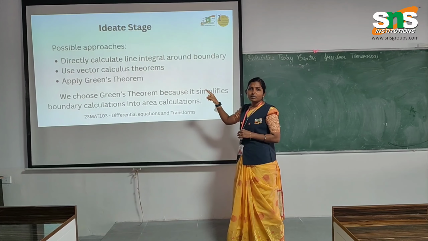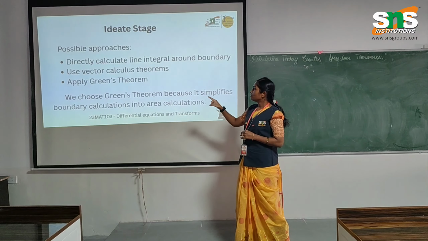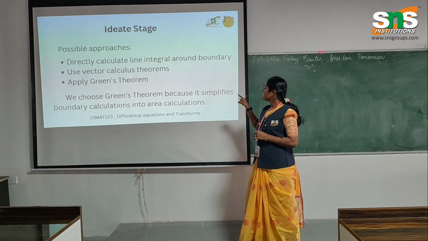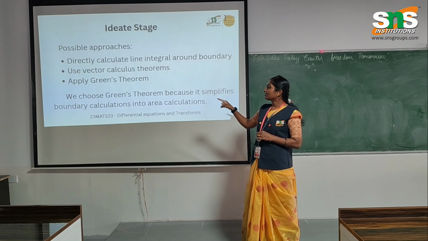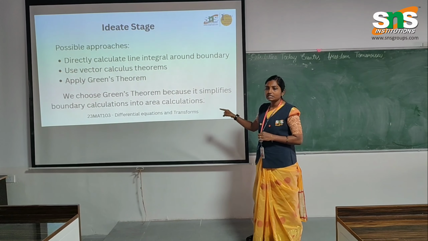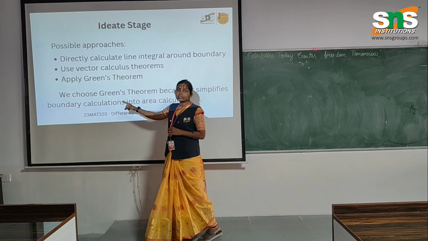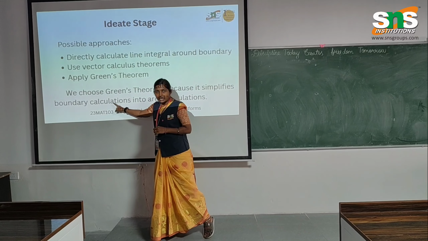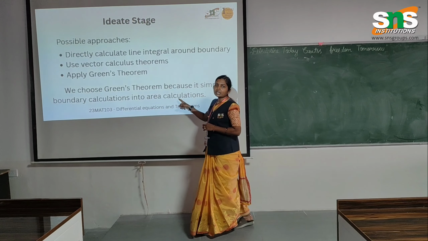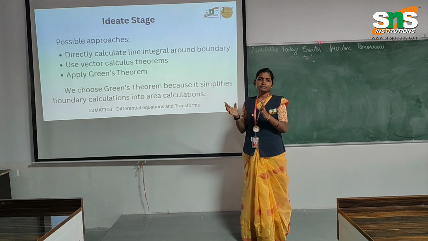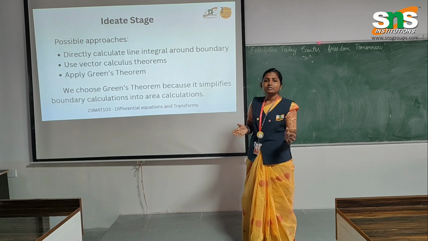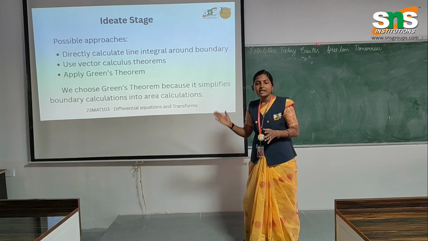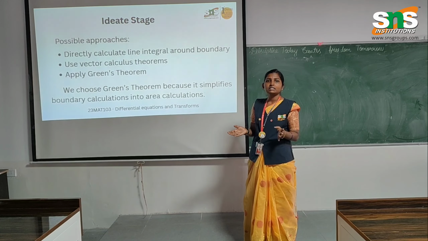So here we are going to apply Green's theorem. We choose Green's theorem because it simplifies boundary calculations into area calculations. It just simplifies the boundary calculations which we need into area calculations. It is nothing but we are just taking the circumference of the circle and the area of the circle on either side of Green's theorem.